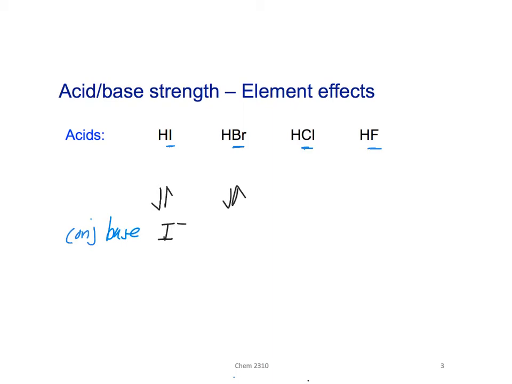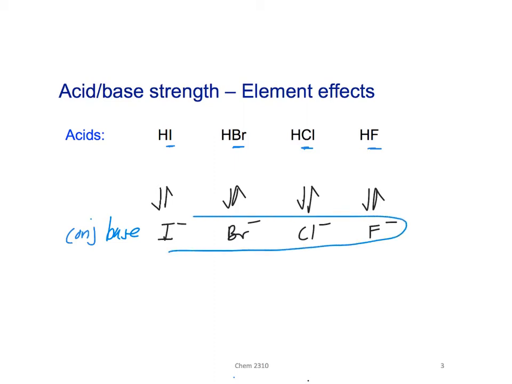For hydrobromic acid, bromide. Hydrochloric acid, chloride. Hydrofluoric acid, fluoride is the conjugate base. So the next thing we need to do is consider these conjugate bases and try to discern their differences in stability.